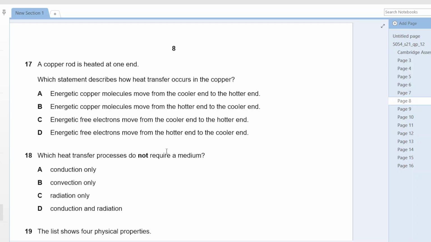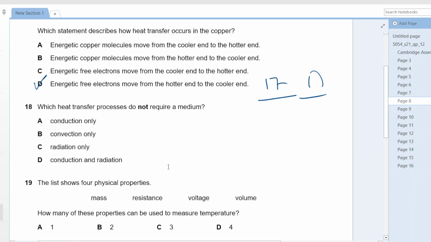But the electronic movement takes place faster, and the situation is described at answer D. Energetic free electron moves from hotter end to cooler end. 17 D.